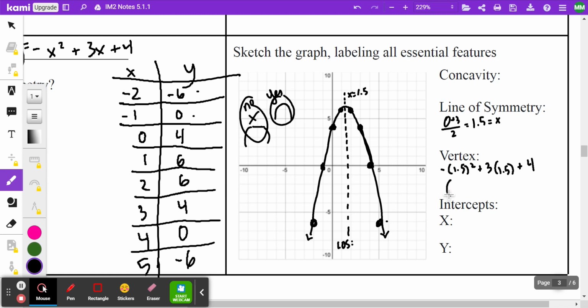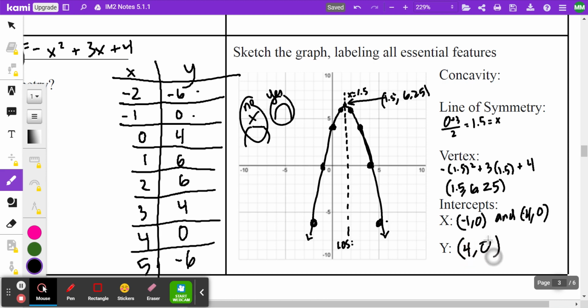So my vertex is going to be at 1.5, 6.25. That means this point right here is at 1.5, 6.25. My x-intercepts are at -1, 0, and 4, 0.